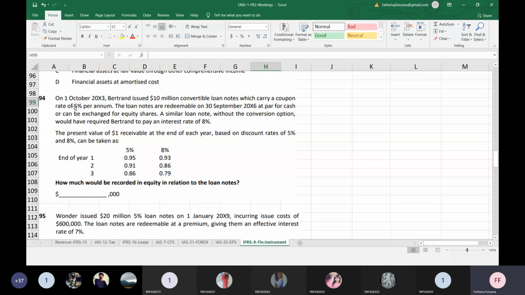Why are they paying only 5%, and the person who issued the loan note is also happy? What is the reason? This we discussed in the last class. Can anyone tell me? You are paying less than the market rate, and two people are happily going for convertible loans. What's the reason? Will you accept less than the market rate if someone is paying you any interest or any income?